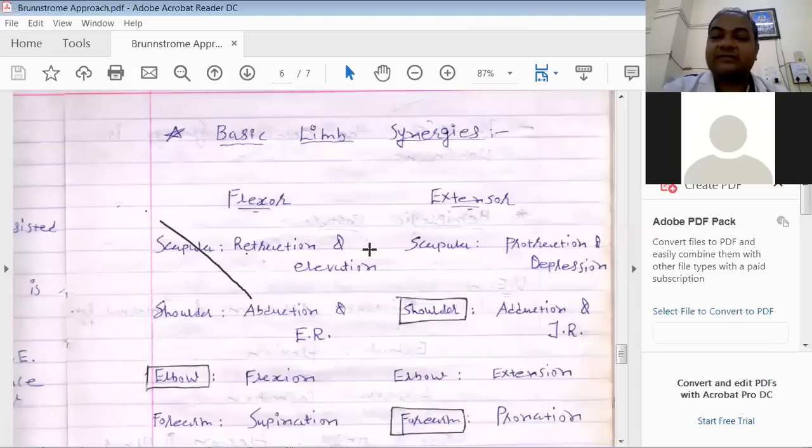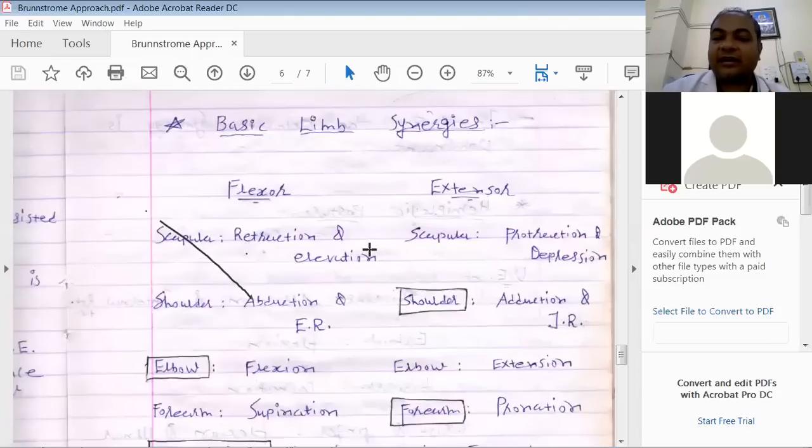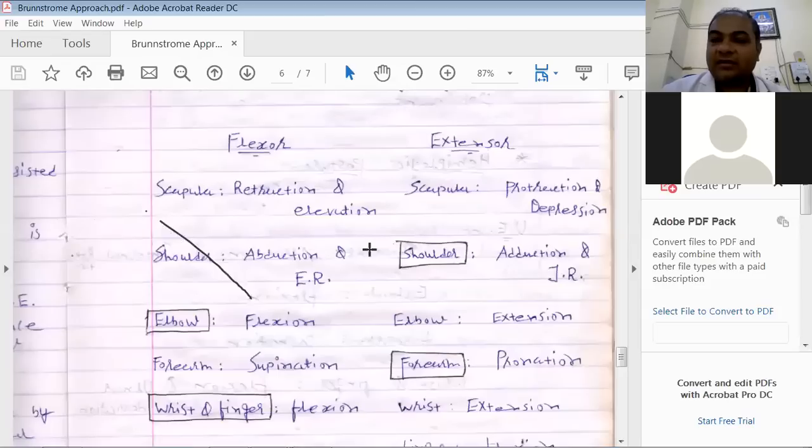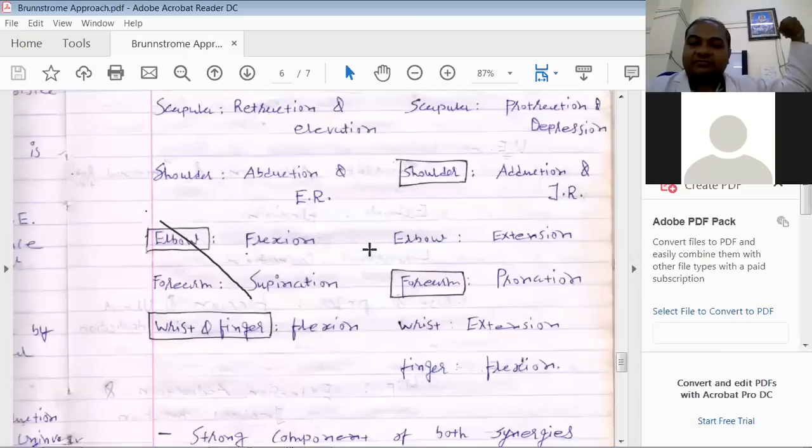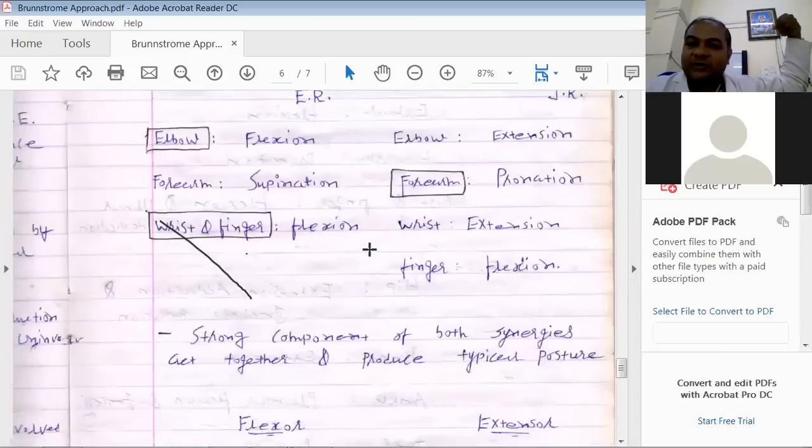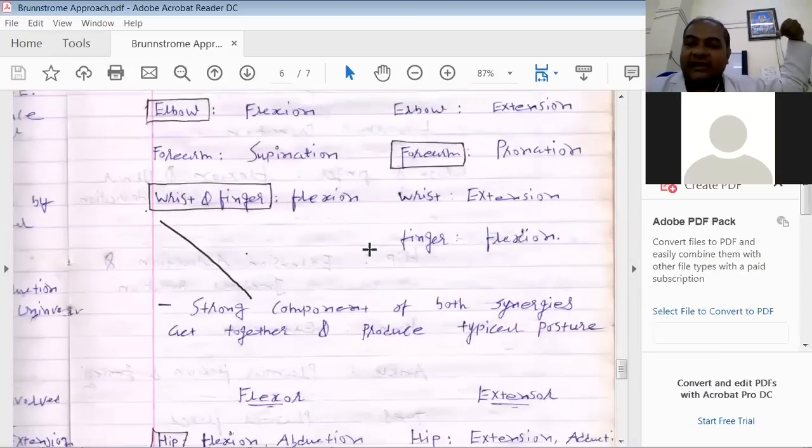Flexor synergy: scapula is in retraction and elevation. Fine. Shoulder in flexion, abduction and external rotation. Elbow flexion. Forearm in supination. Wrist and fingers in flexion.